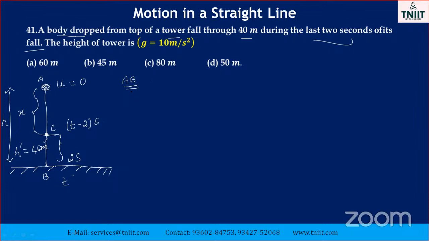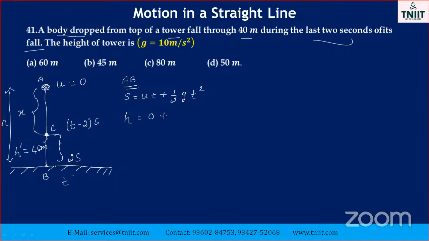Which equation can you write? The general equation s is equal to ut plus half at squared, or I can take it as half gt squared. For A to B, the distance covered is h. The ut value will be 0 because it starts from rest.